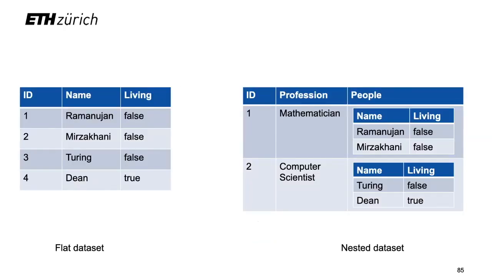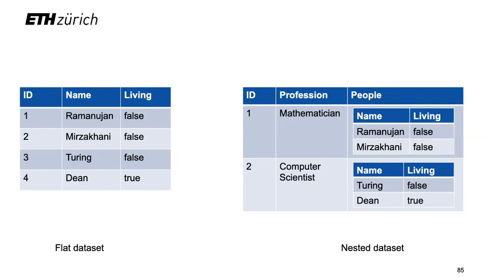Now, a flat data set might look like the data frame you see on the left, that's the relational table. A nested data set might look like what you see on the right, right? Now we saw that we can also draw it as a data frame, but here I didn't bother, I just put the nested tables. But you could also put name and living as subheaders like we did before.